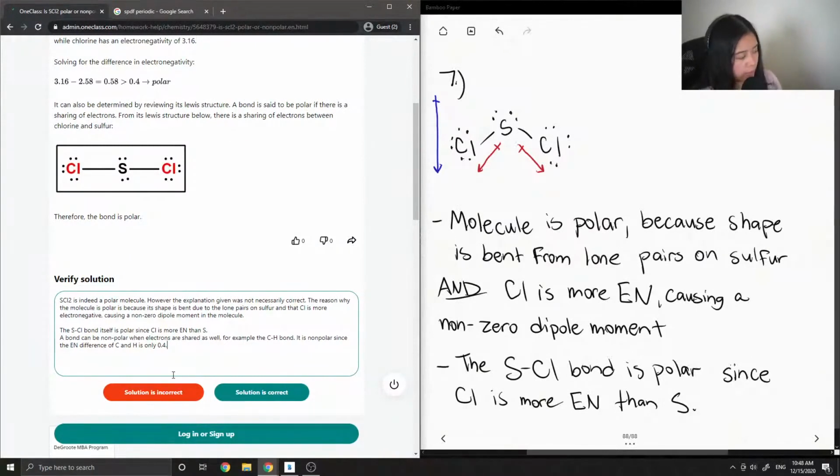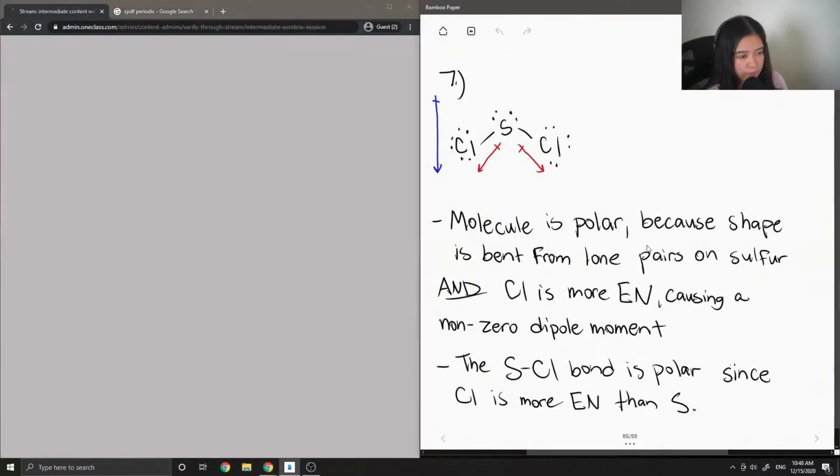Okay, and then I just also added that a bond can be nonpolar when electrons are shared as well. For example, the carbon-hydrogen bond, it is nonpolar since the electronegativity difference of carbon and hydrogen is only 0.4.